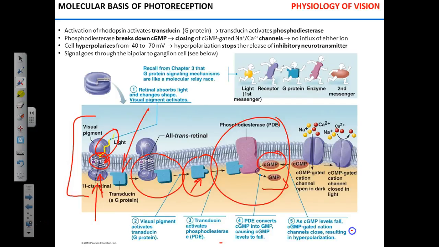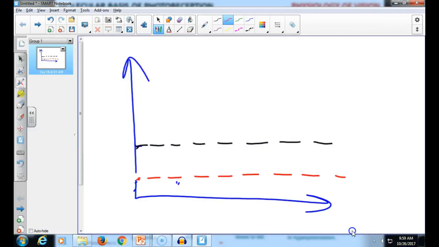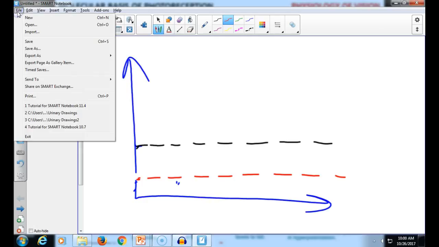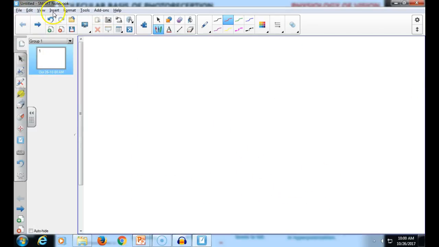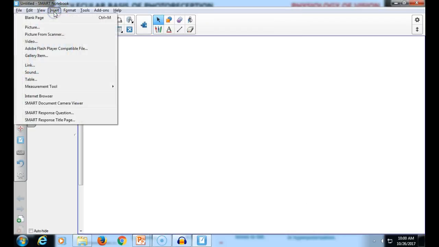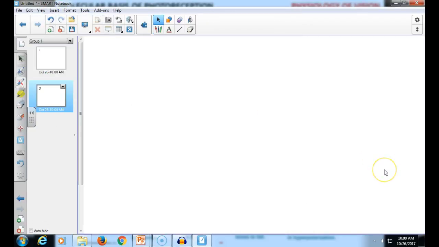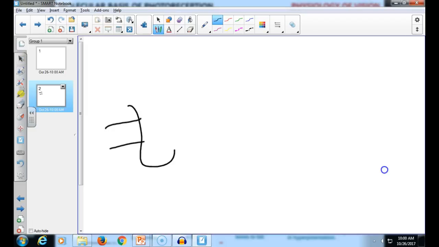Let me try to make a little picture out of it. Okay, so we have a membrane. And in that membrane we have opsin. And in that opsin we have 11-cis retinol.